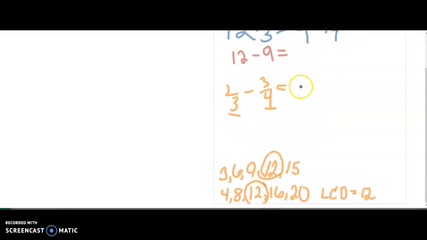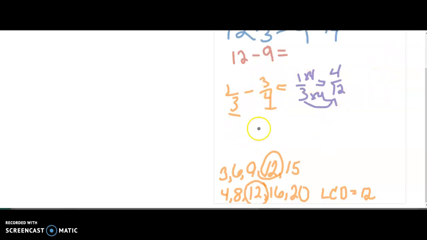Let's make 1/3 into an equivalent fraction with 12 as the denominator. To get from 3 to 12, I'm going to multiply my denominator times 4. Whatever I do on the bottom, I have to do on the top. So 1 times 4 is 4, and I've got 4/12. Now let me do my second fraction of 3/4.